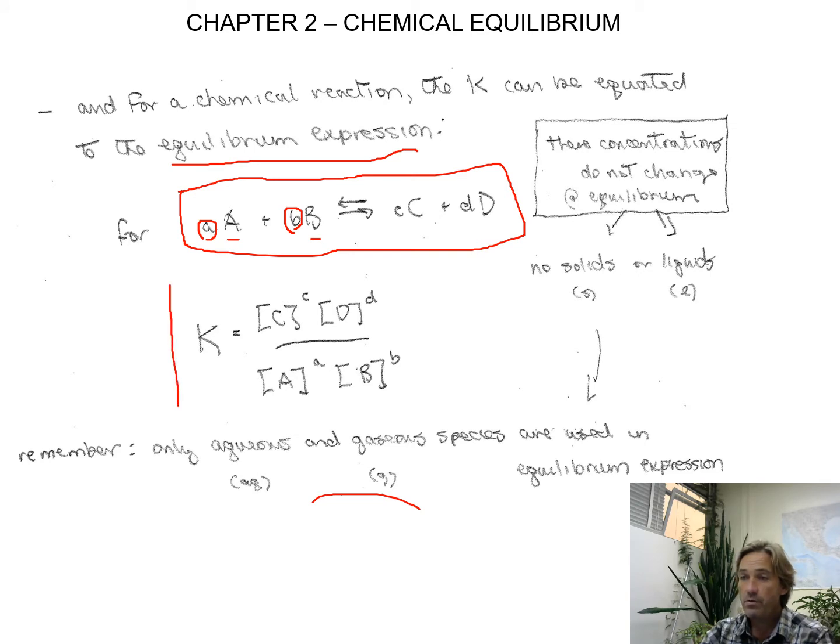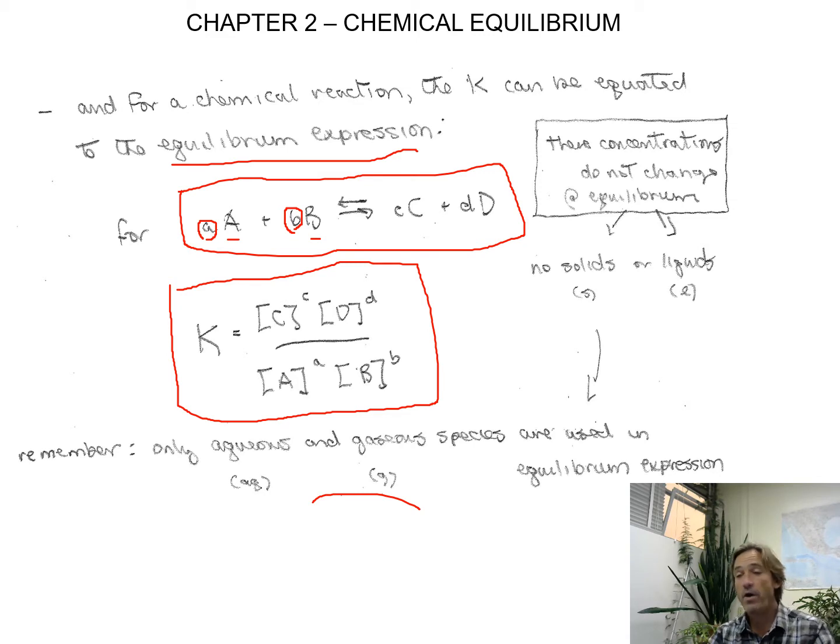And so the equilibrium expression is always going to be the products divided by the reactants, where the chemical species are in brackets. The brackets are denoting the concentration unit of molarity.